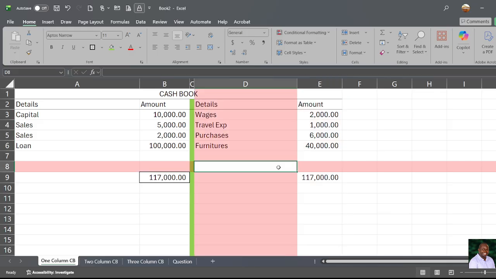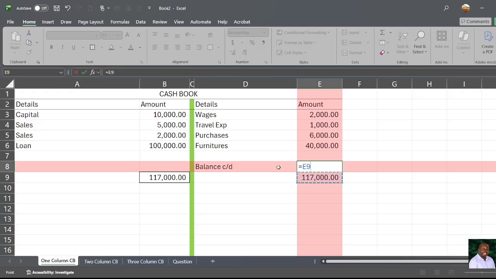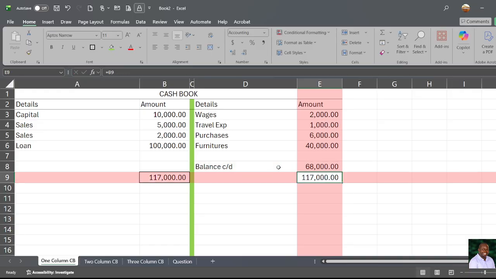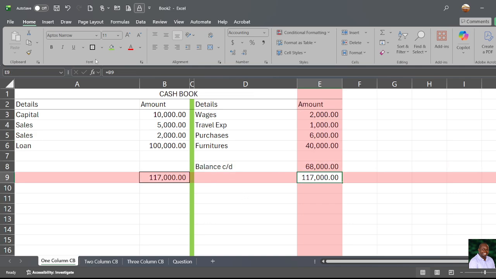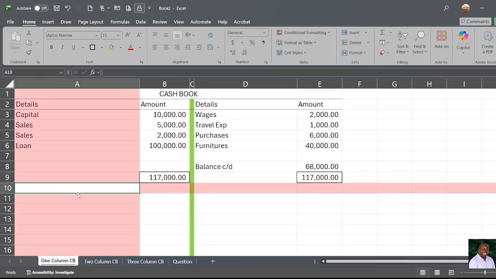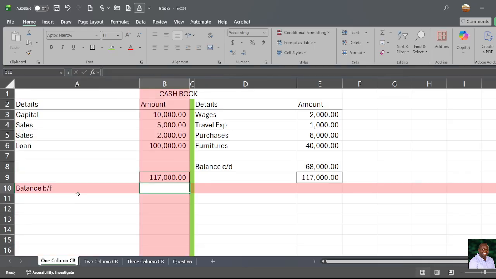So our balance carried down equals this minus 49,000. So that is 68. So that means when you add all this, it gives you 117. So that means our balance brought forward itakuwa ni equals to hiyo 68,000.